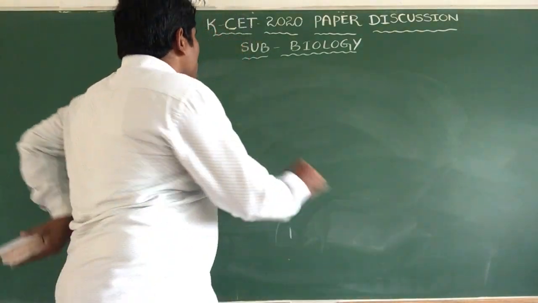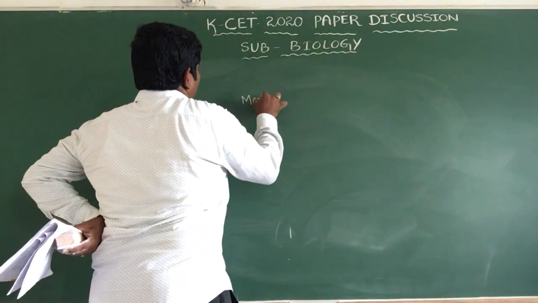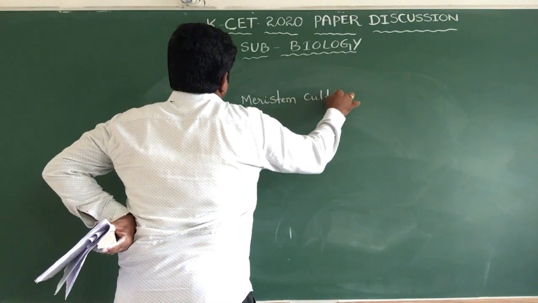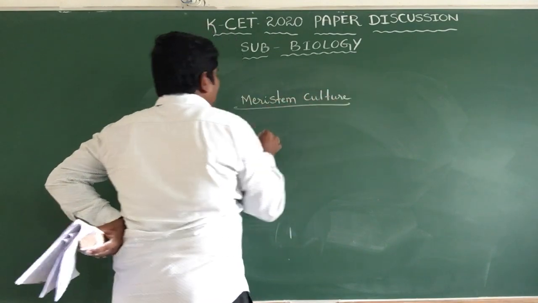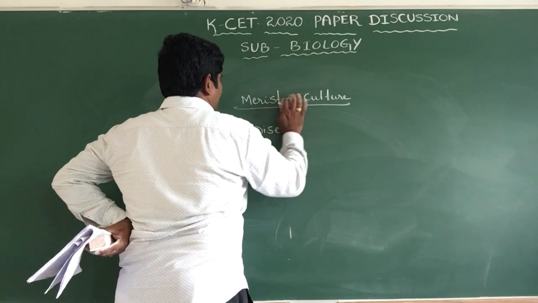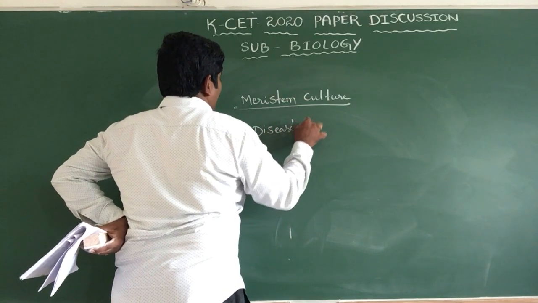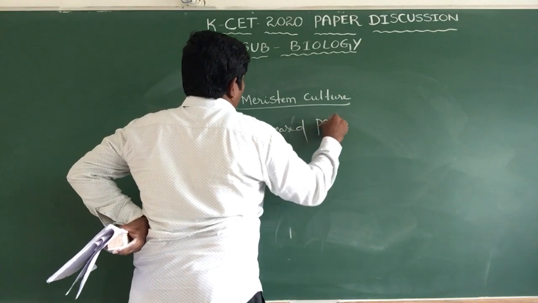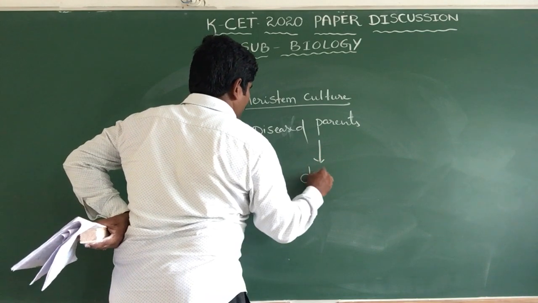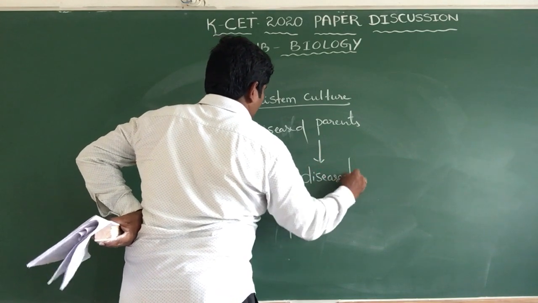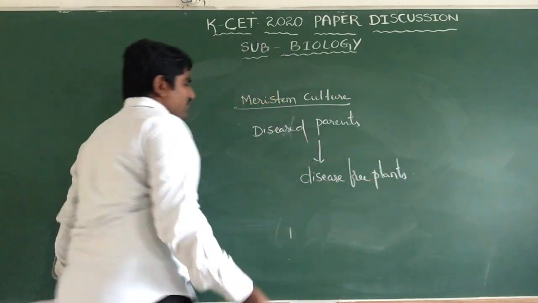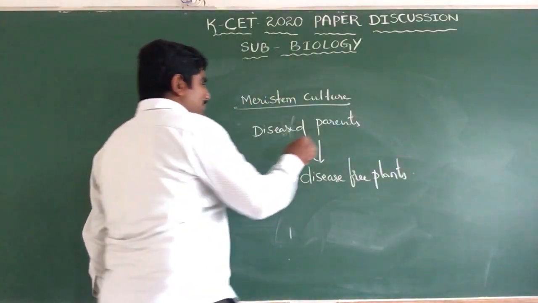See, generally meristem culture is the method where from diseased parents we can produce disease-free plants. So this is by meristem culture.